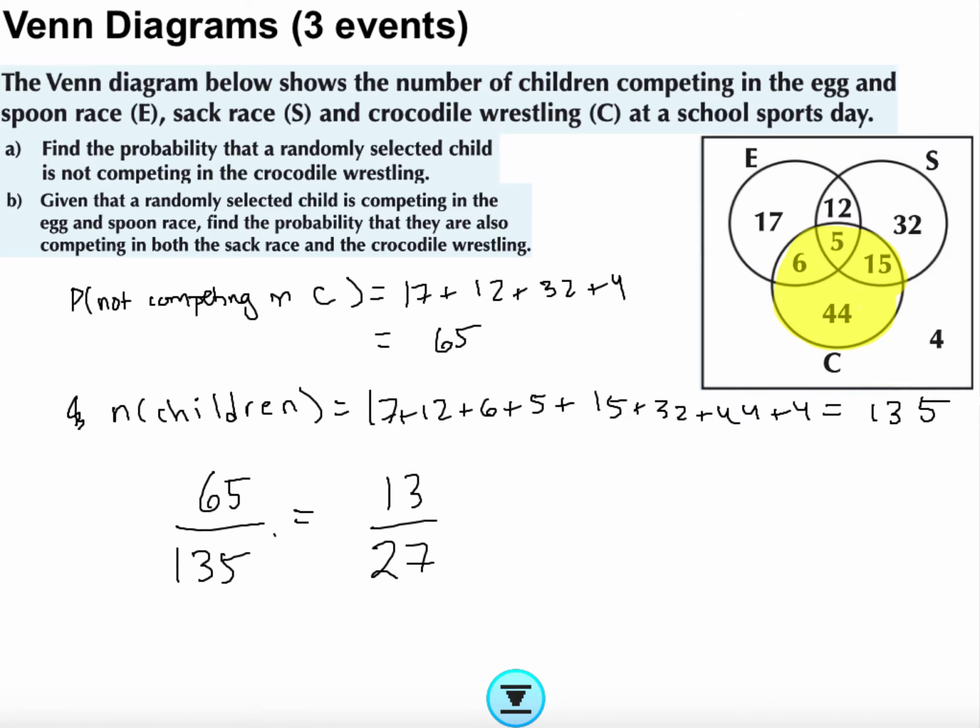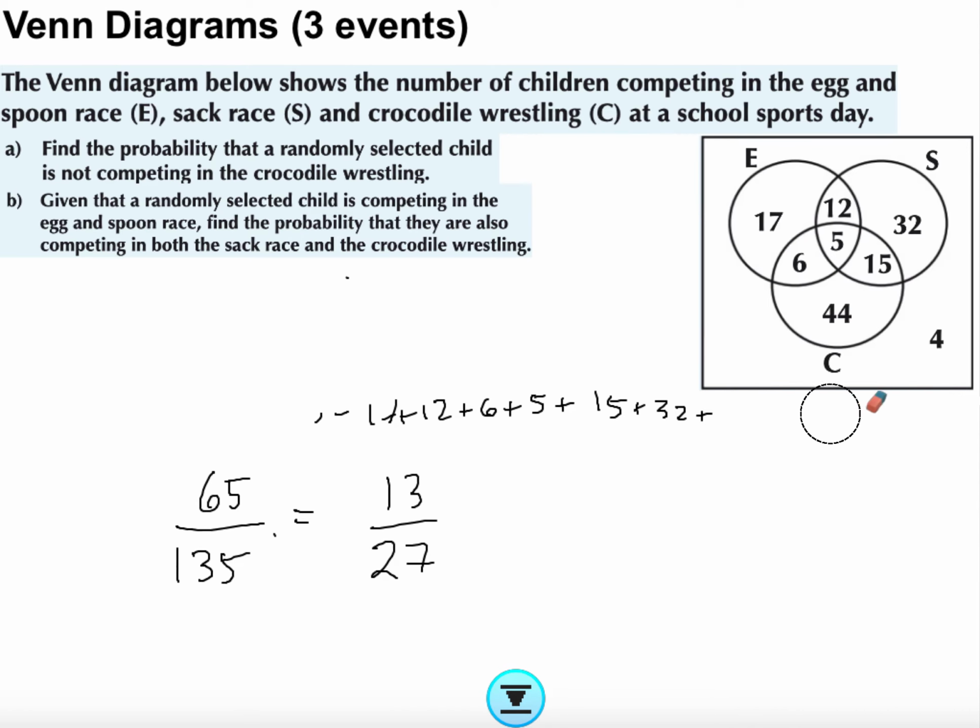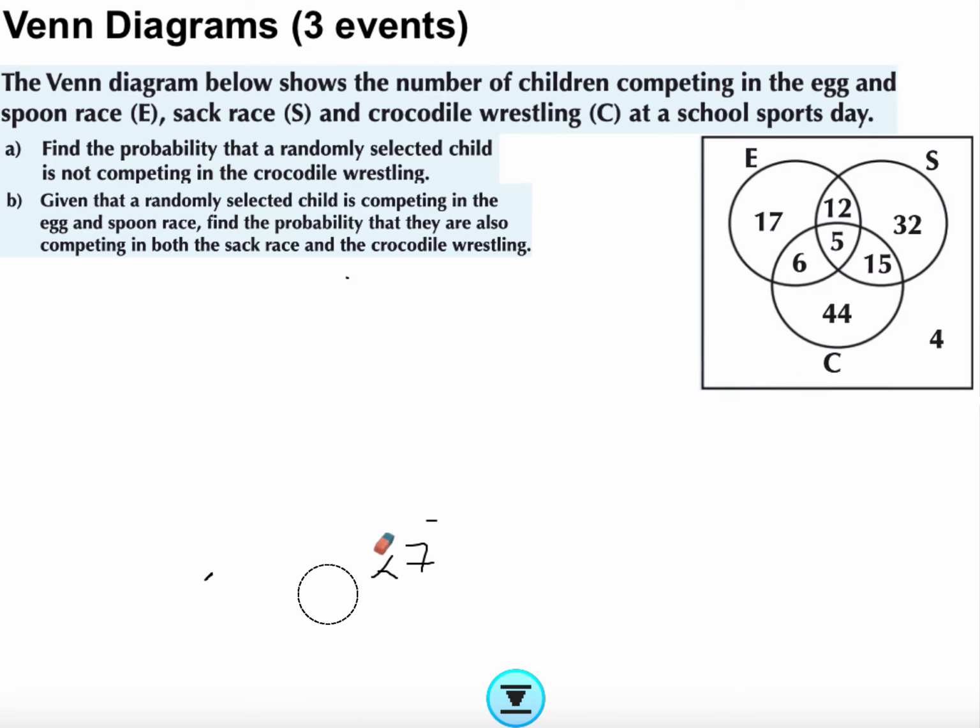Now for part B, it's slightly different because part B would require you to look at a different total. If you've done conditional probability, then this is it. Given, that's the keyword for conditional probability: given that a randomly selected child is competing in the egg and spoon race, find the probability that they are also competing in both the sack race and the crocodile wrestling.